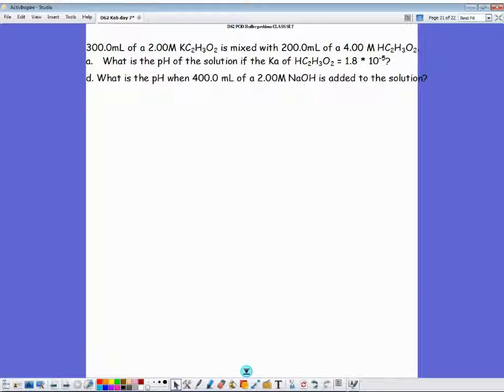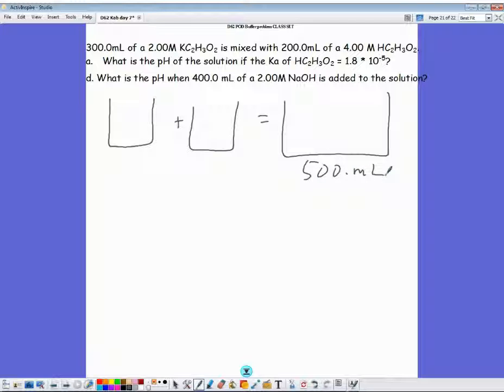So here's the deal. I've got a beaker and another beaker to make a big beaker that is 500 milliliters. In this first beaker, I have 0.3 liters of a 2 molar solution of conjugate base, so I have 0.6 moles of conjugate base. Why am I not writing in potassium?